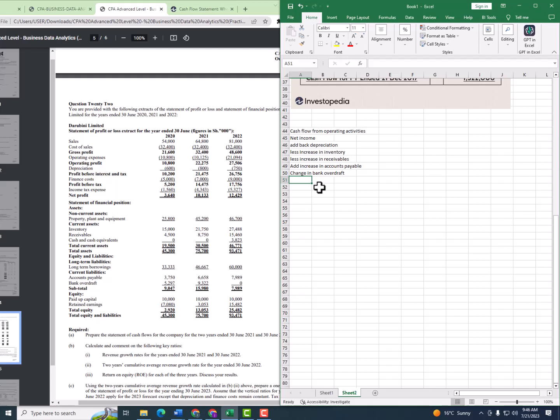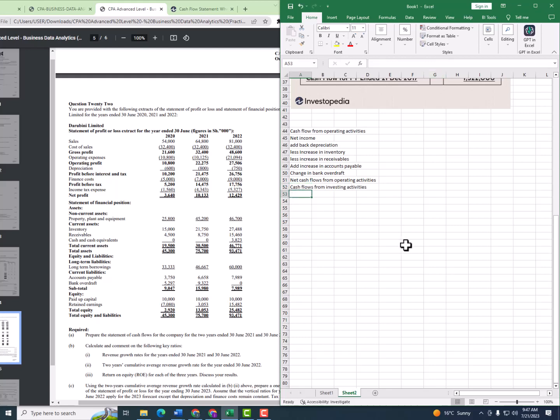So once you have all the items in the cash flow from operating activities, we can calculate the net cash flows from operating activities. Once we have that, then we can move to cash flows from investing activities.